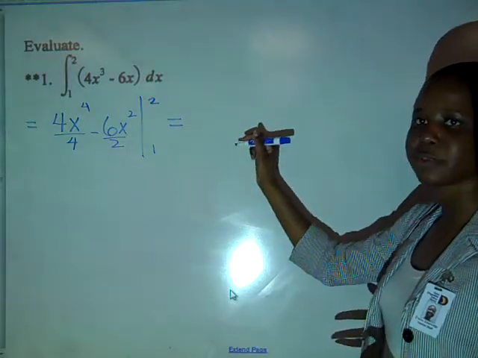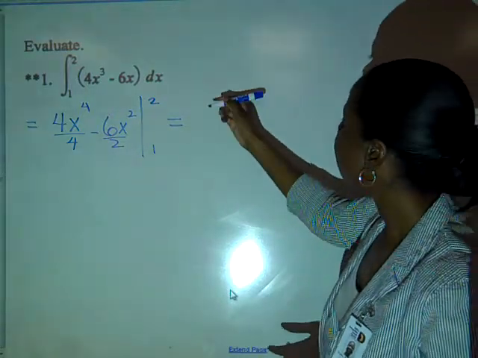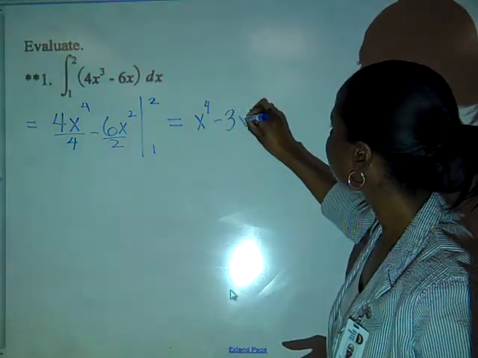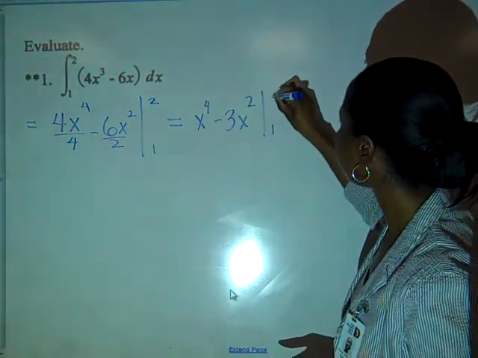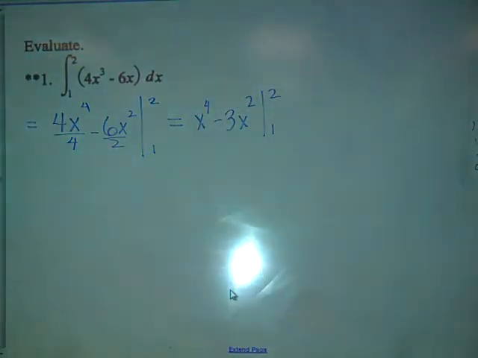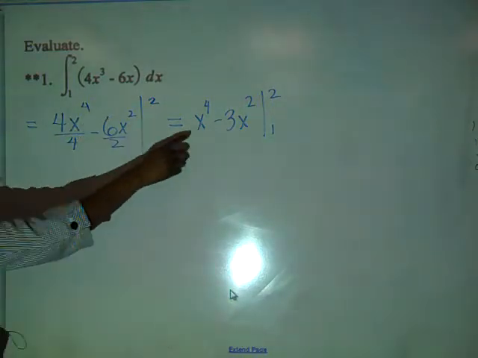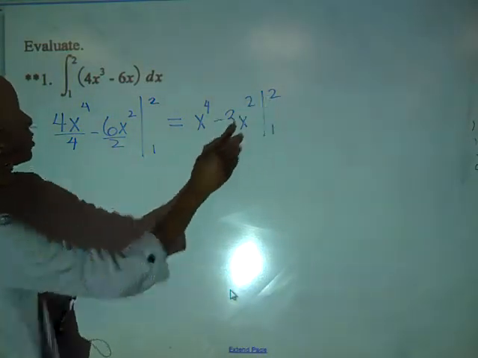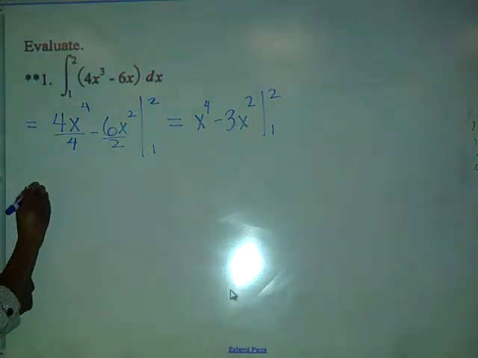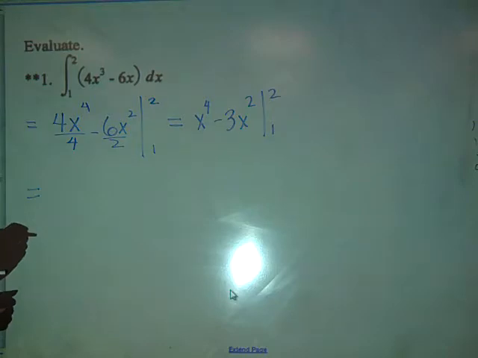I don't need to write 4 over 4 because that's just 1. So I end up with x to the 4th minus 3x squared, evaluated from 1 to 2. Okay. And here's the big thing. That means I'm going to evaluate this expression from 1 to 2. Now here's the nearing the big finish.